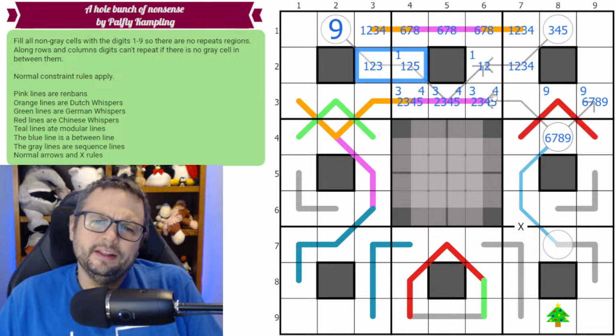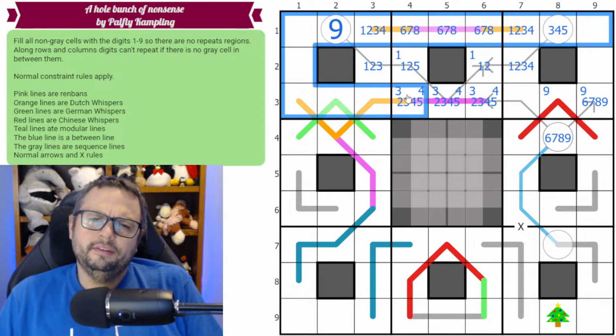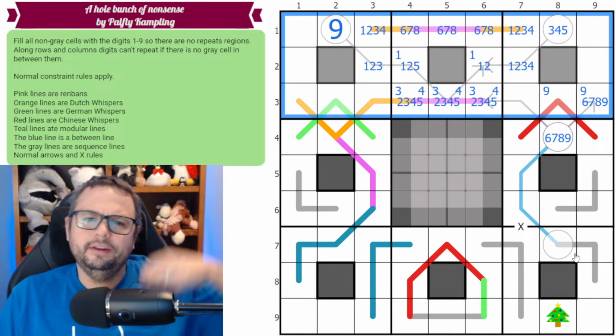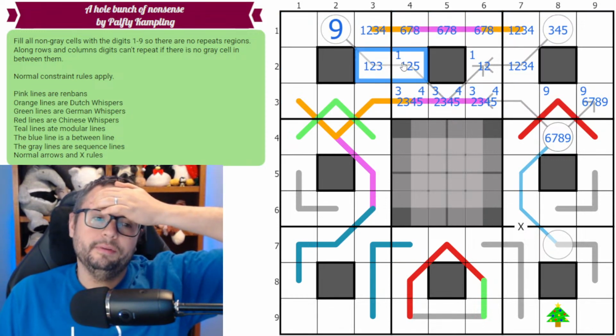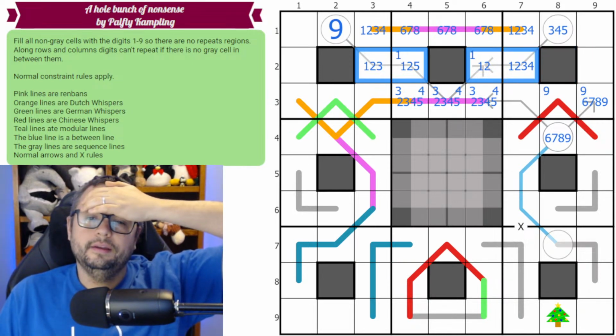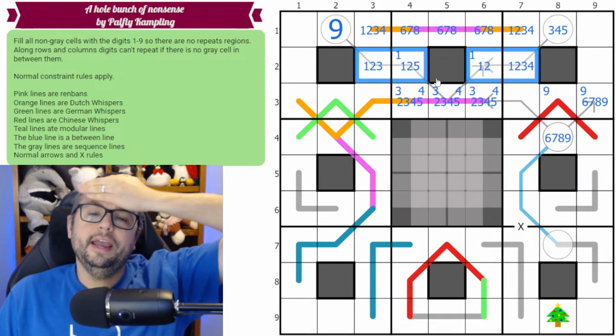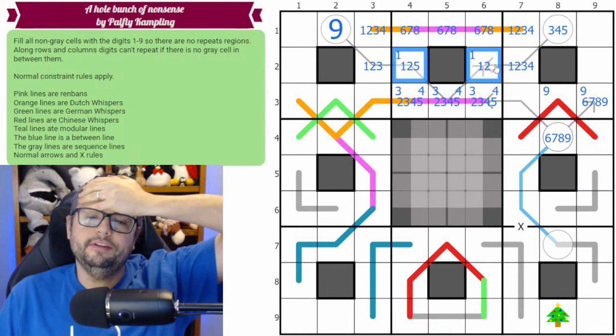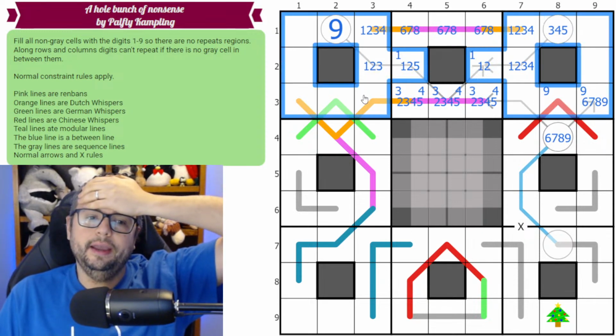Oh, I think I'm kind of inclined to believe Selena's point. Let's see. Am I inclined to believe Selena's point? Is it really possible that I repeat in these? Yeah, I think I could. I think I could make both of these a 1, and then just have one of these boxes not have a 1, and then I think it's okay.